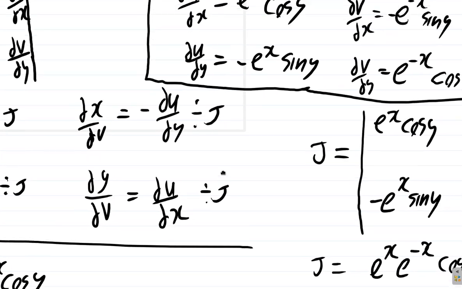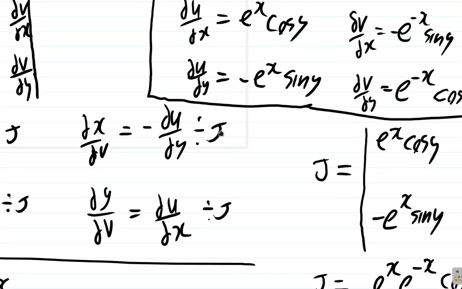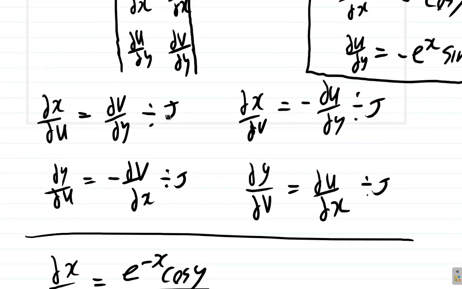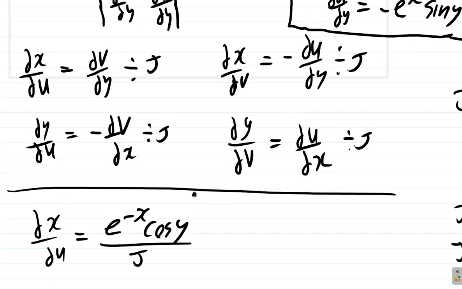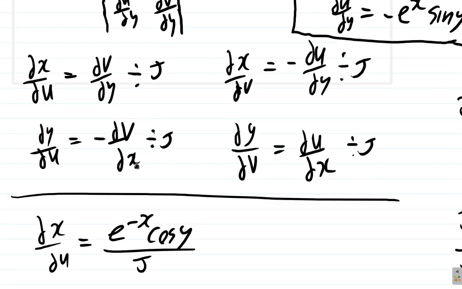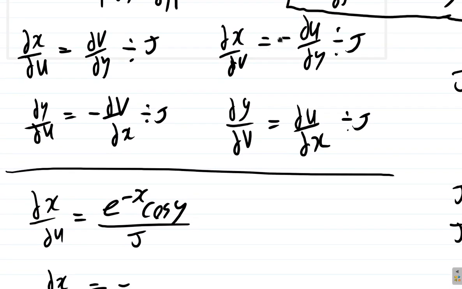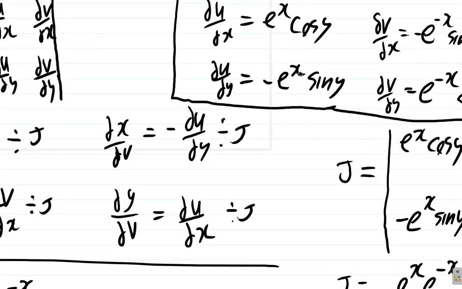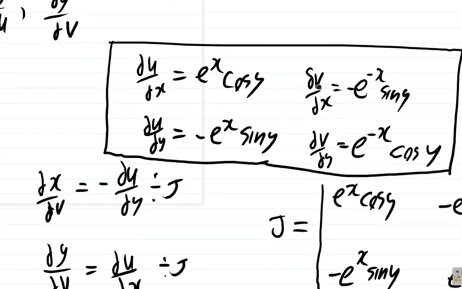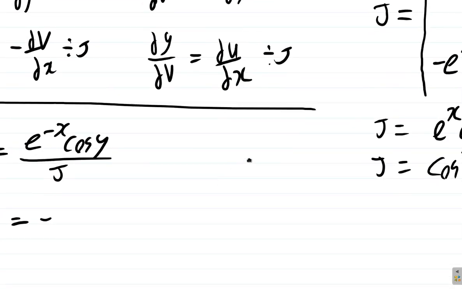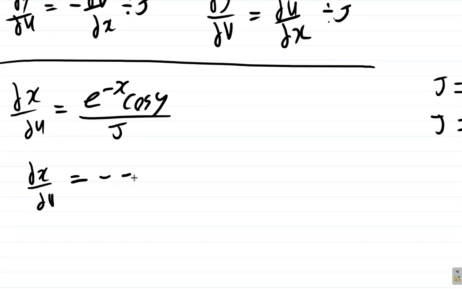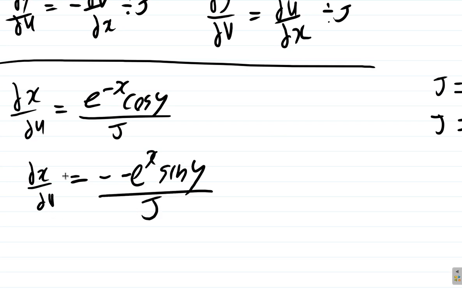So here, delta x by delta v is negative delta u by delta y. So it's negative e to the x sine y. So negative e to the x sine y over the Jacobian. We'll clean it up after.